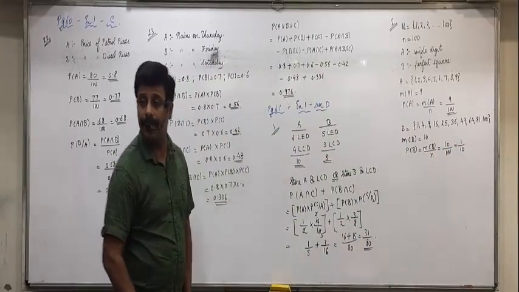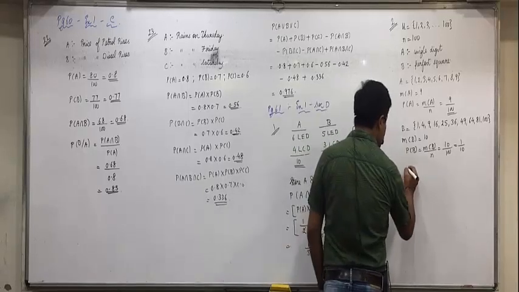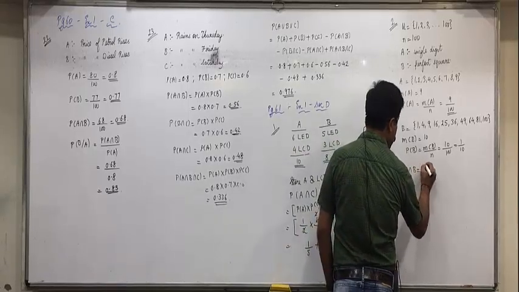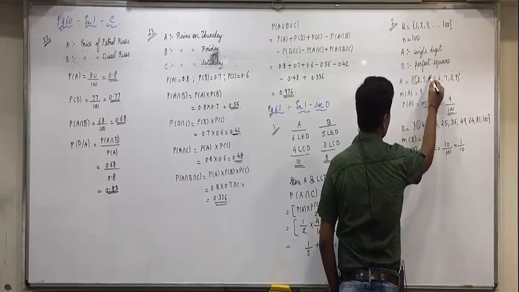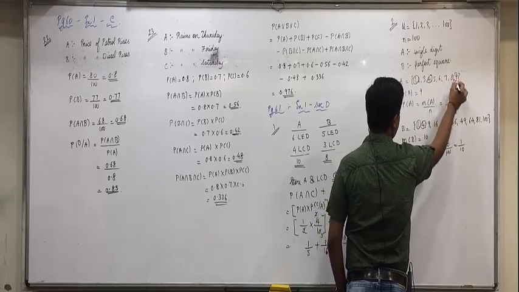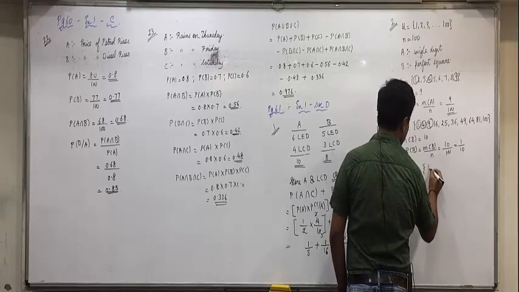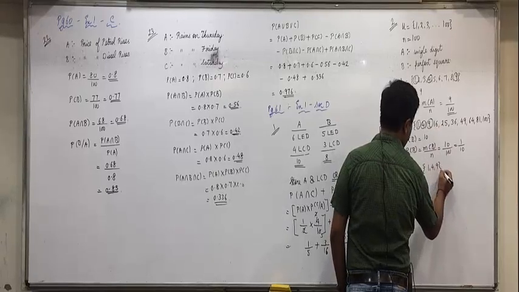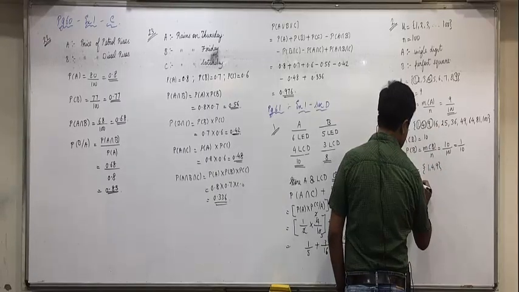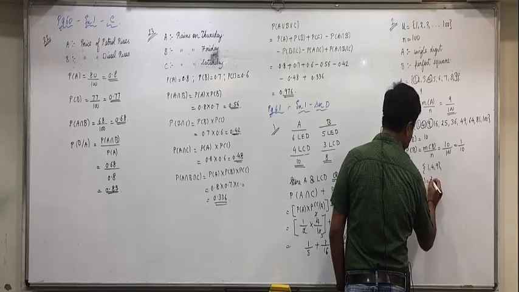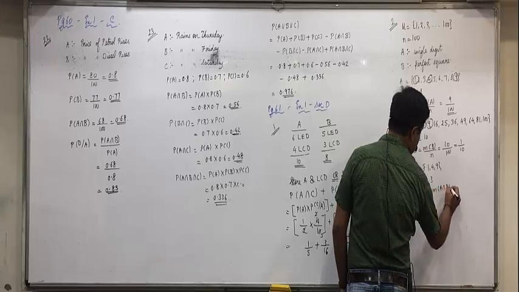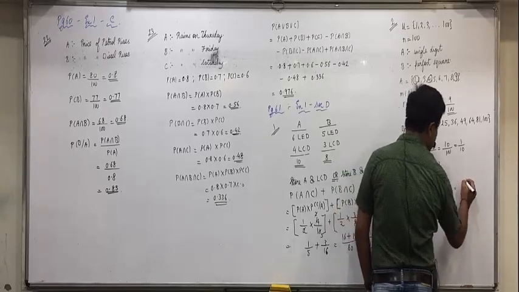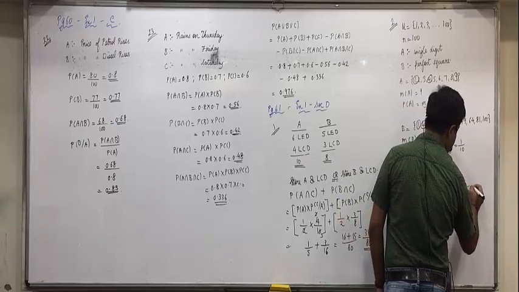Any confusions? Now, what is common in A and B, A intersection B? 1, 4, and 9. So M of A intersection B is equal to 3. P of A intersection B, M of A intersection B upon N, 3 by 100.